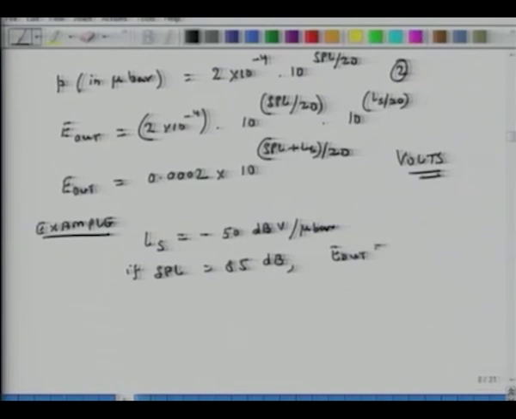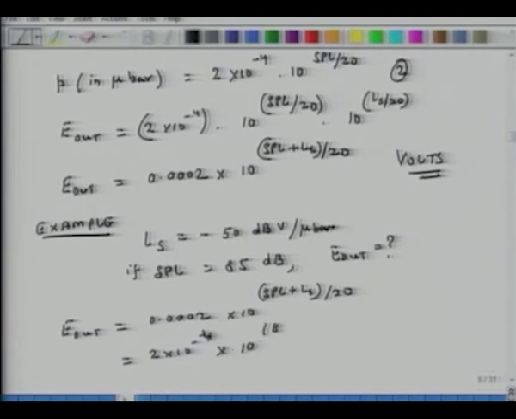I just use this relation, E out equals 0.0002 times 10 to the power of (SPL plus Ls) divided by 20, which gives 2 times 10 to the power of minus 4 times 10 to the power of (85 minus 50) divided by 20, and if I solve this I get 0.0112 volts.